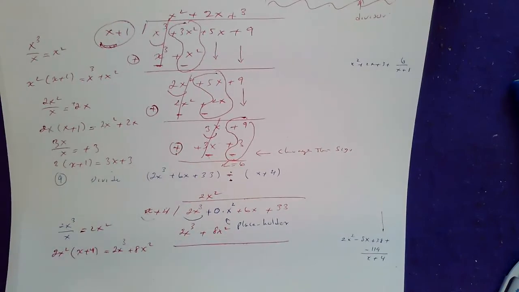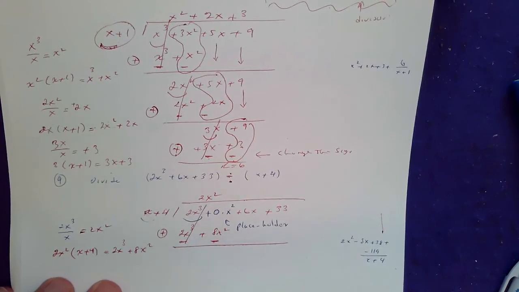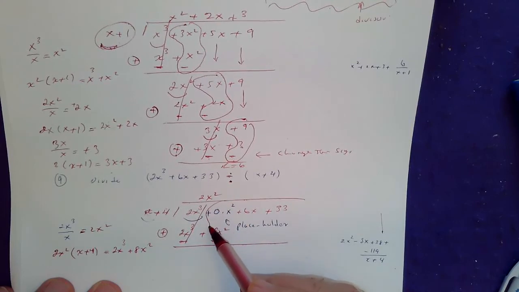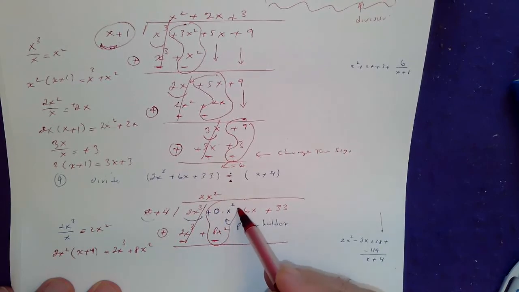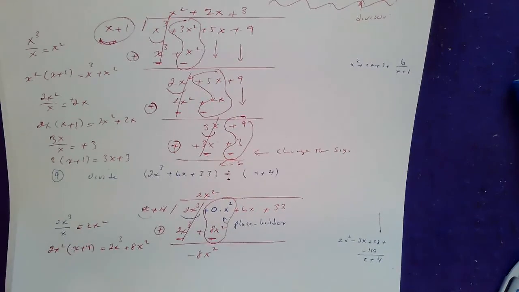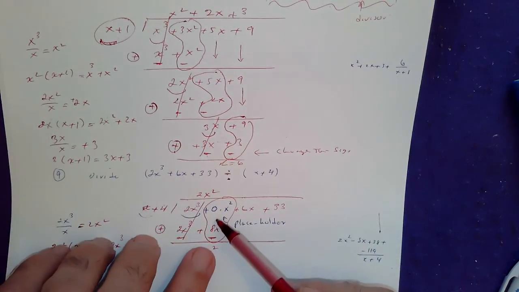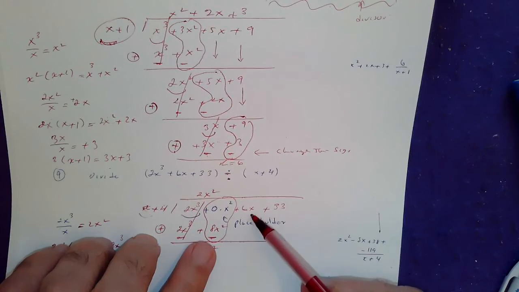Do you see it? Add, but don't forget to change the signs. These guys always cancel, but check this out. 0x squared minus 8x squared adds up to negative 8x squared. There is a tendency among students to say, there is no x squared, so I'm going to combine this with the 6x.